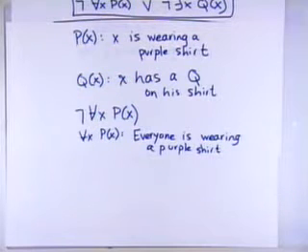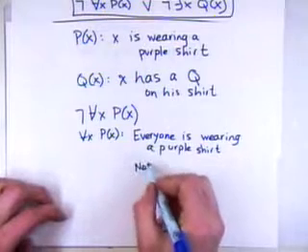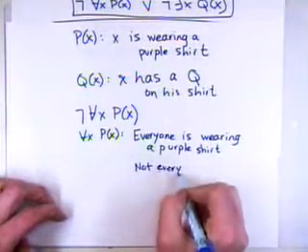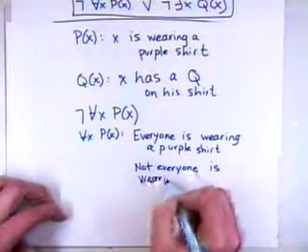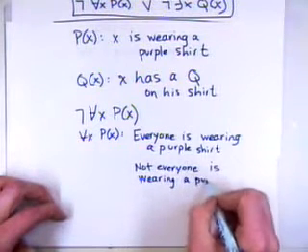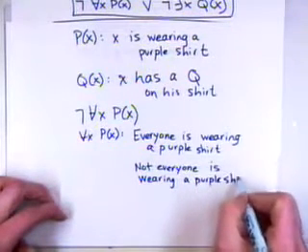And then if I want to negate that, the first thing I would do is say not everyone is wearing a purple shirt. That's one way to write it. So you can write not everyone. We just don't usually talk like that because it's a little hard to figure out what you mean if you say not everyone. But you all know people who do that.